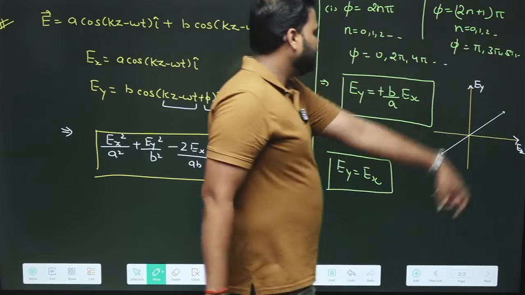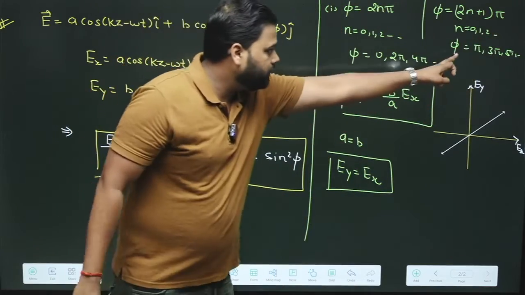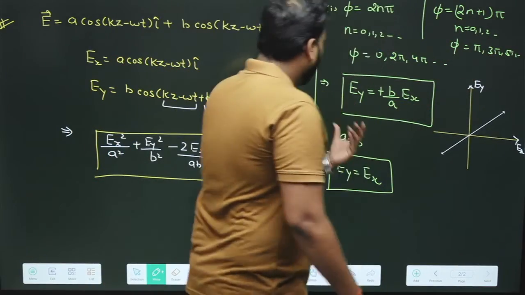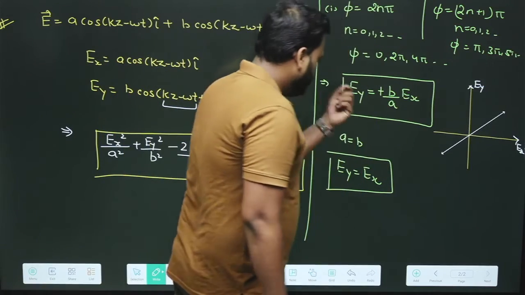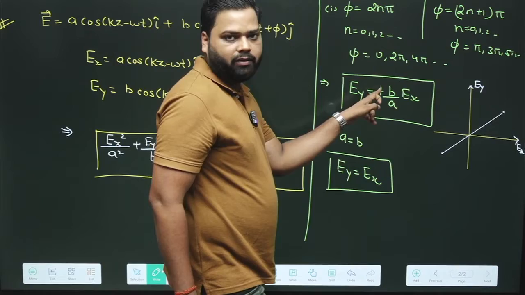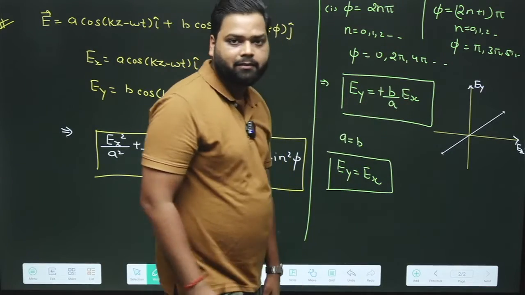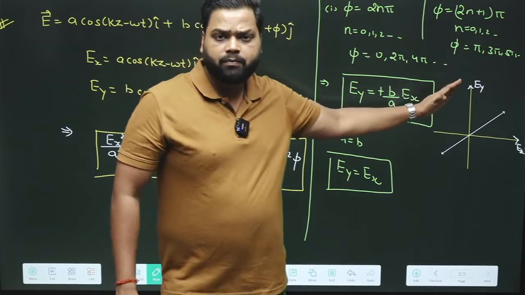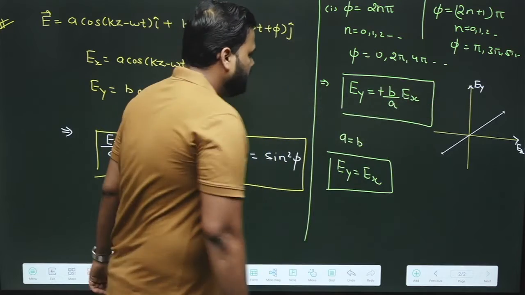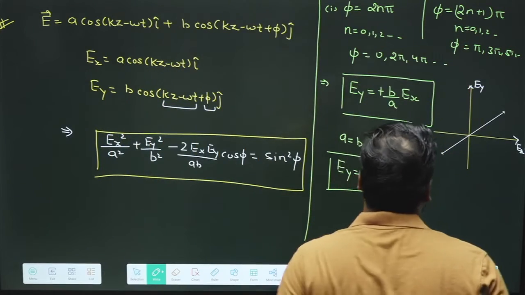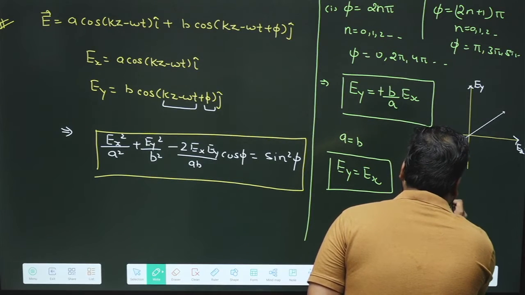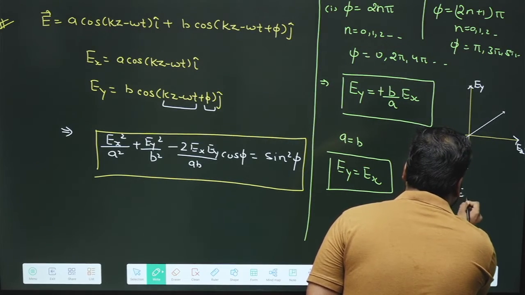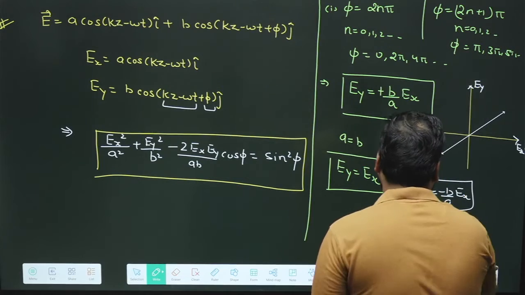And when you use this, not a very big change, just you will get a minus sign over here: minus b upon a Ex. So what will change? The slope will change, okay? So after using (2n plus 1) pi, you will get Ey is equal to minus b by a times Ex. So nothing is going to change except the slope.